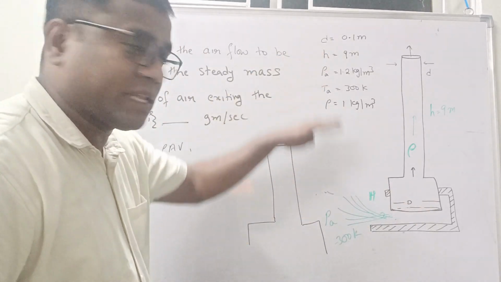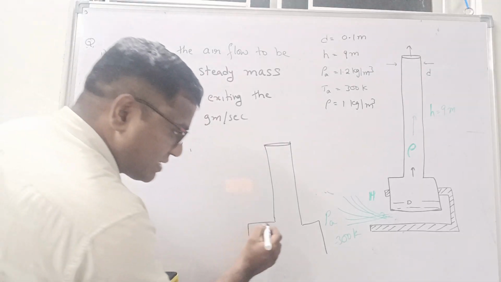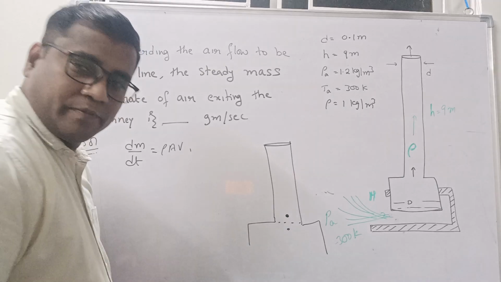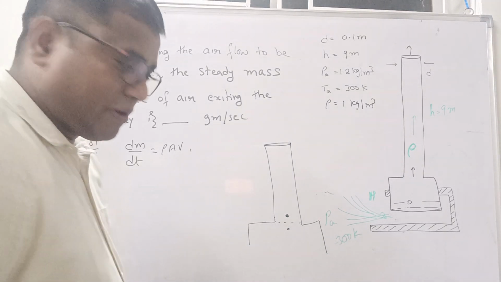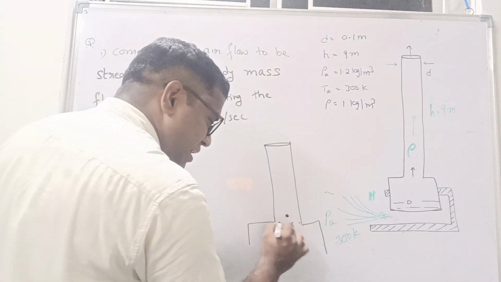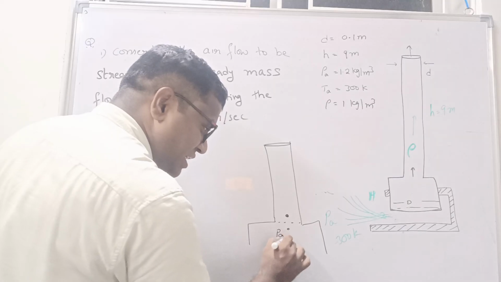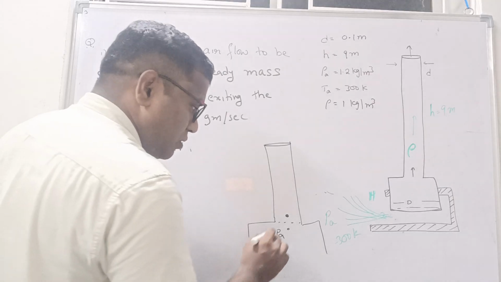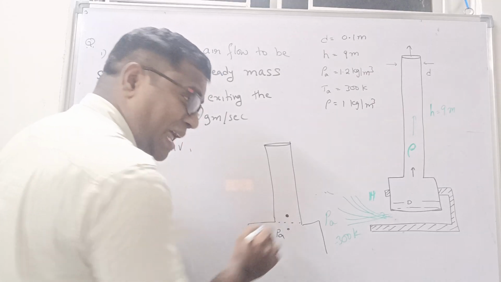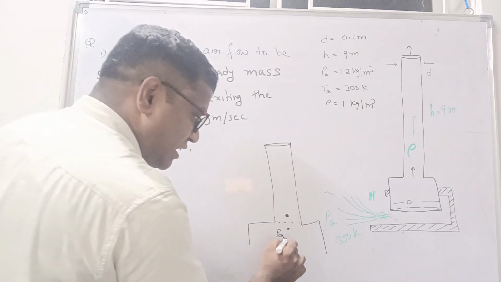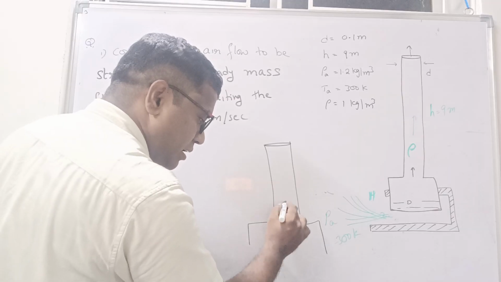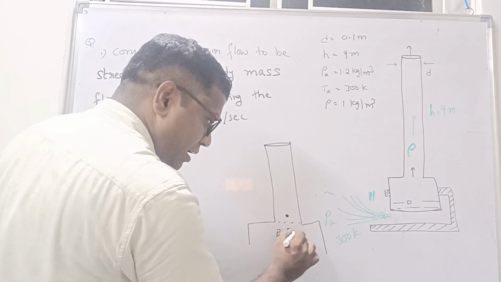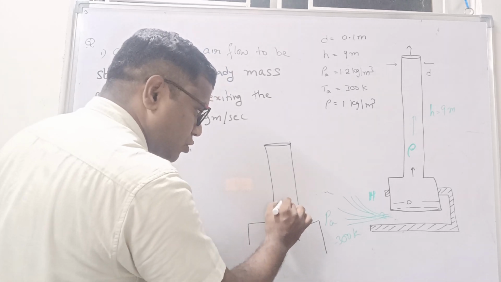Now imagine I consider two points, one here and one here. Here the pressure is PA, already known. Here the pressure I don't know, so I want to calculate the pressure here. At this point the density is rho A and here it is rho.